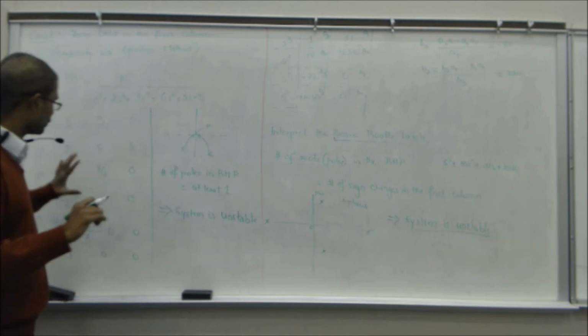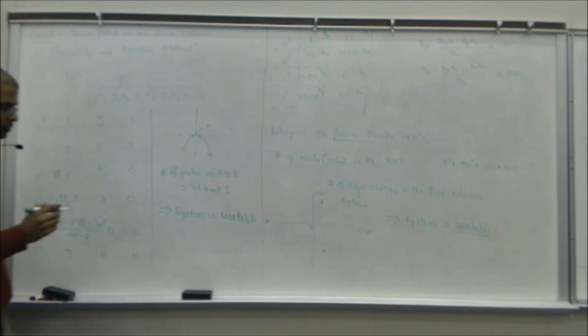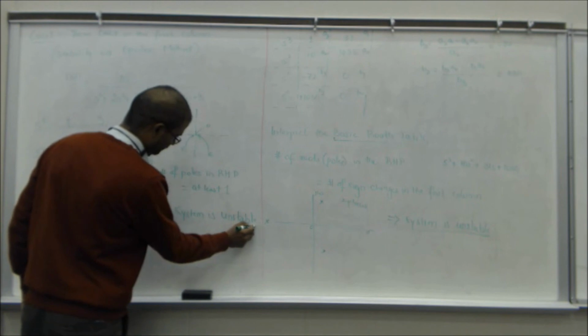Or if you're looking at Routh-Hurwitz criteria, even if there is one sign change in the first column, the system is unstable. And that is all you need to determine for your exam or assignment, okay?